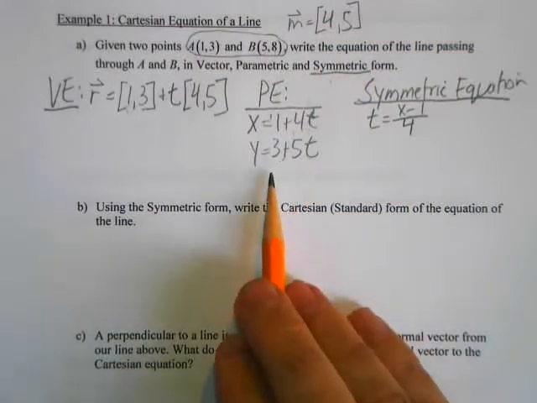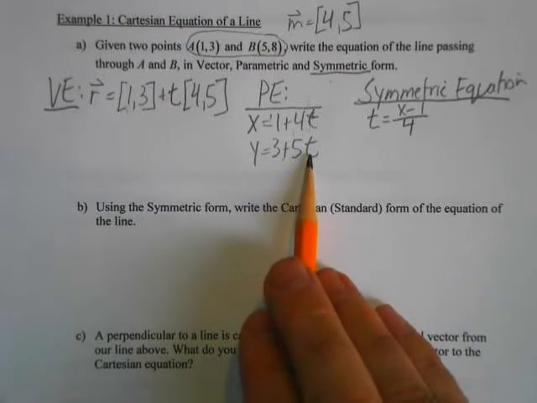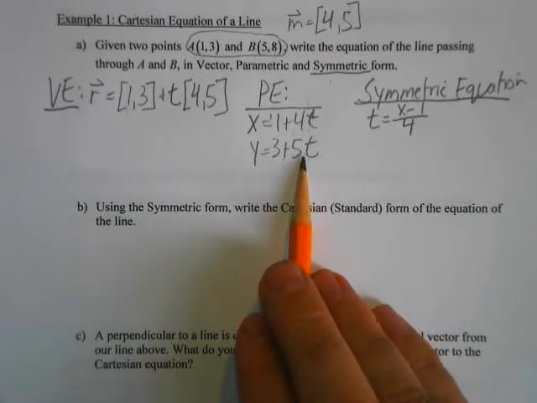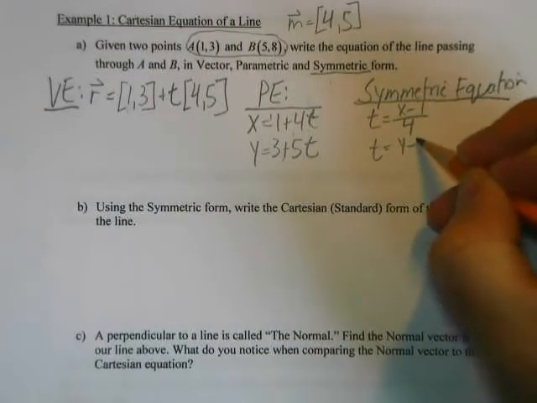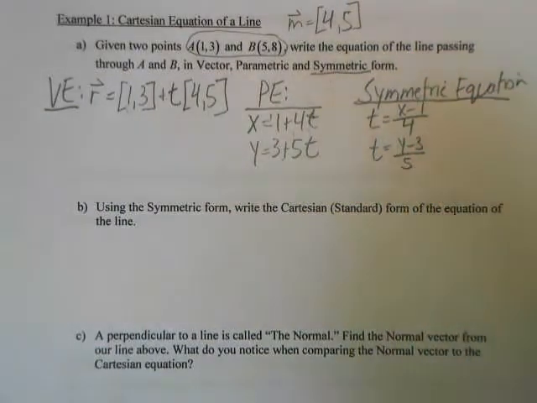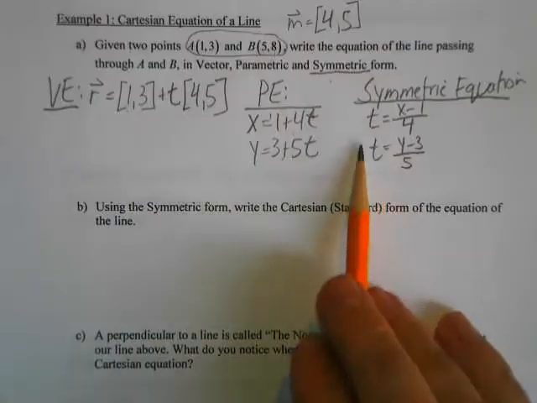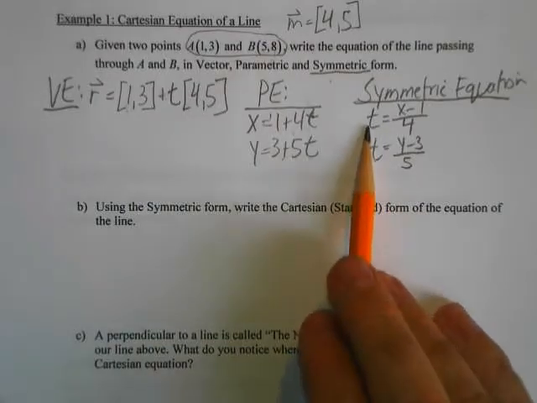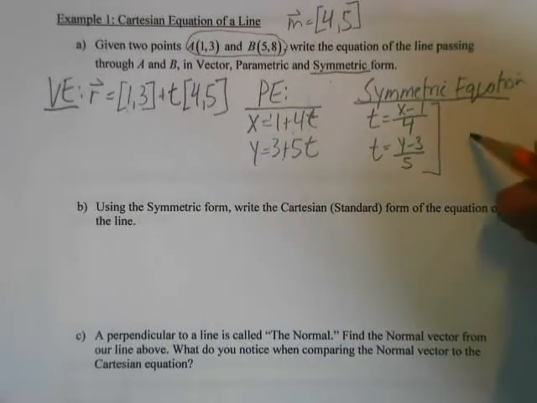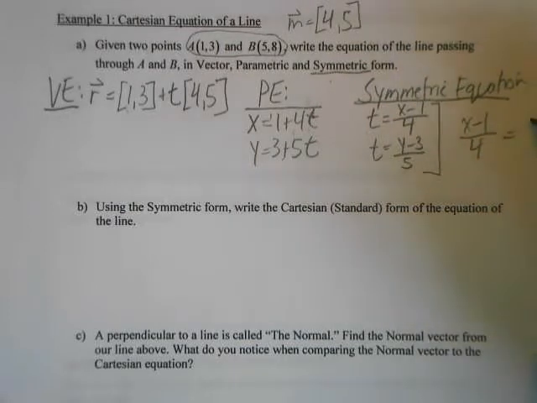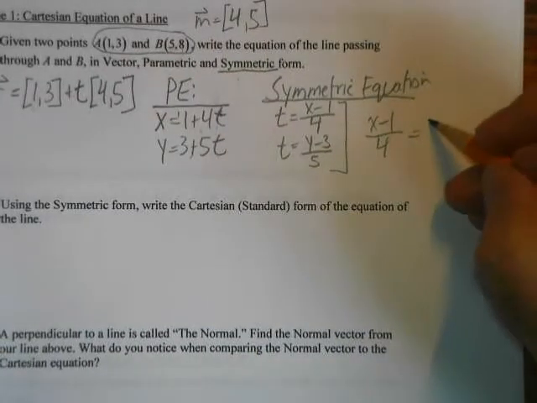If I do the second equation, same thing. Isolate for t, I get t equals y minus 3 divided by 5. So you can see both of these equations are equal to t, which means I can set them equal to each other. So this is what the symmetric equation is. It's x minus 1 over 4 is equal to y minus 3 over 5.